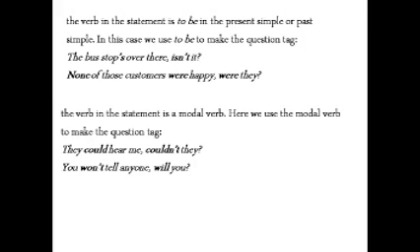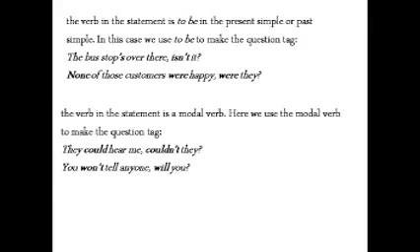If the verb in the statement is a to be verb, and it is in the simple present or the simple past, in this case, the sentences given below, we use to be to make the question tag. The bus stops over there, and what is the to be form? Is the to be form, because it is in the simple present or the simple past.